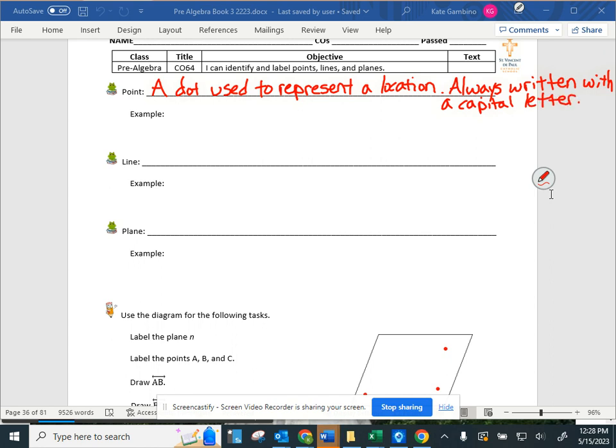So when we have a point, we will always see it labeled as a capital letter. Never lowercase, always a capital letter. An example: this is our point.